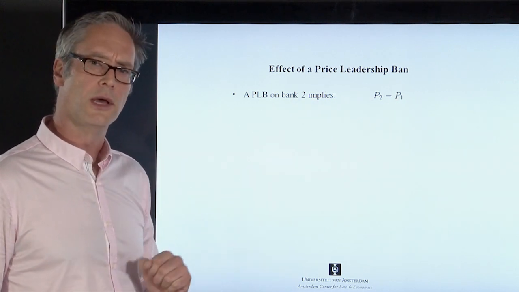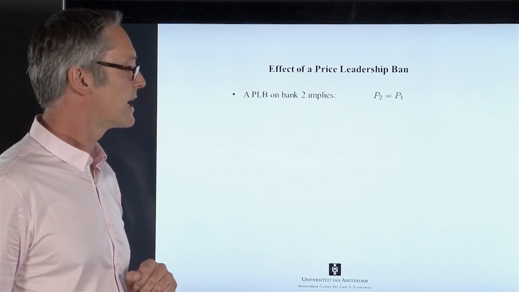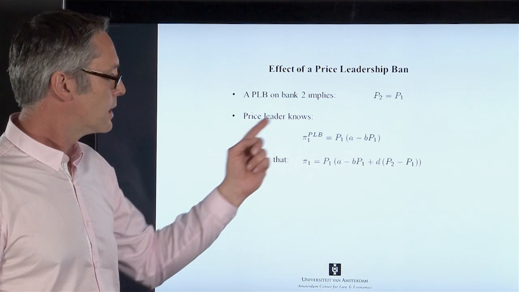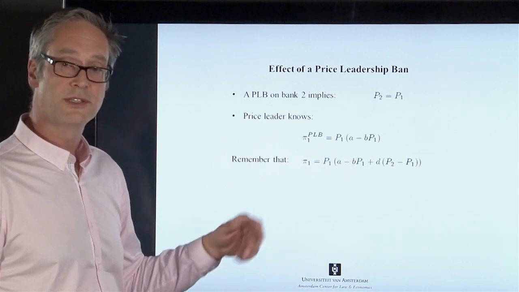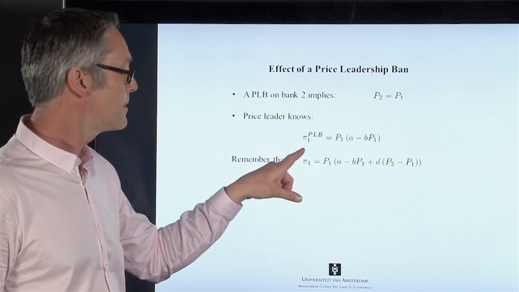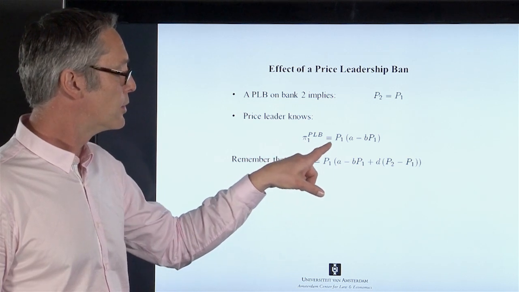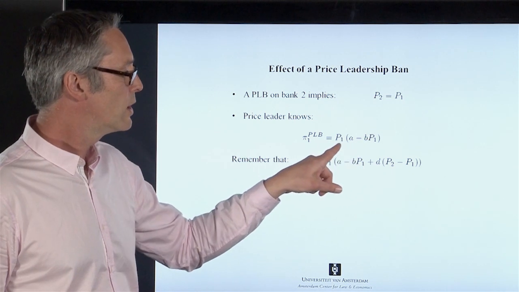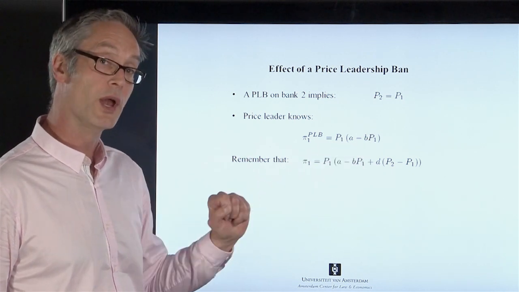And bank 1 knows this, that's going to happen in the second stage under the price leadership ban. And so the price leader is going to write its profit function, and the logic is exactly the same. The profit of the price leader is now going to be P1 times Q1, but Q1 is now the simple A minus B P1.